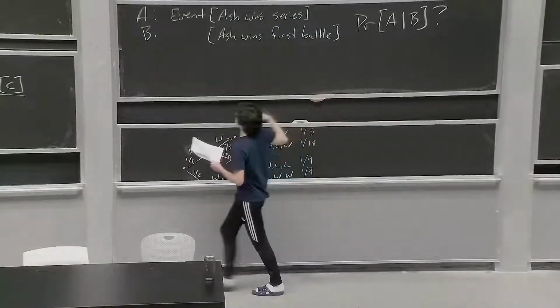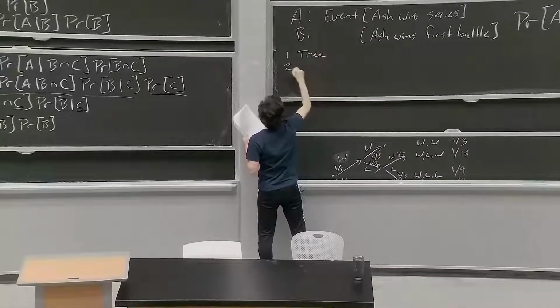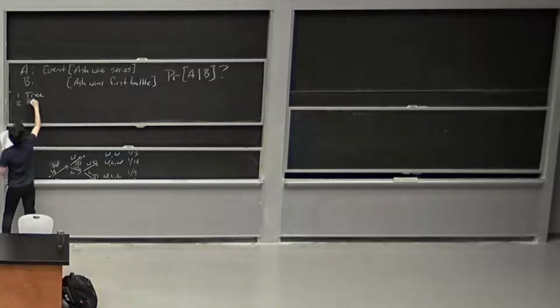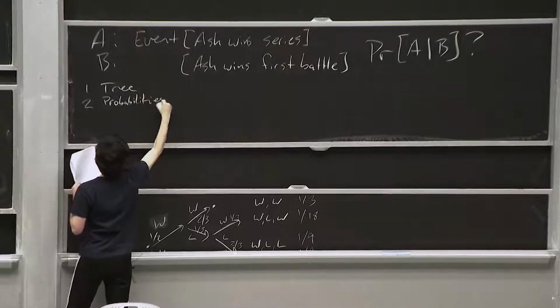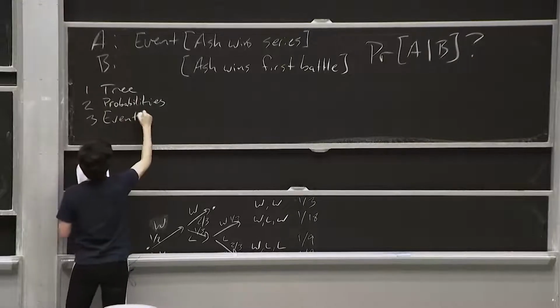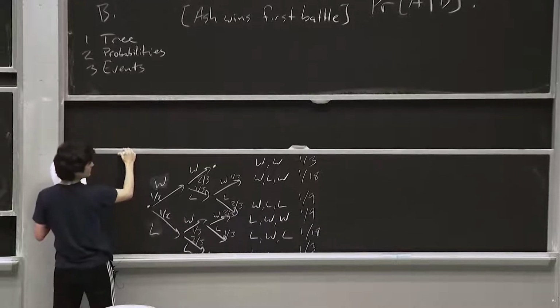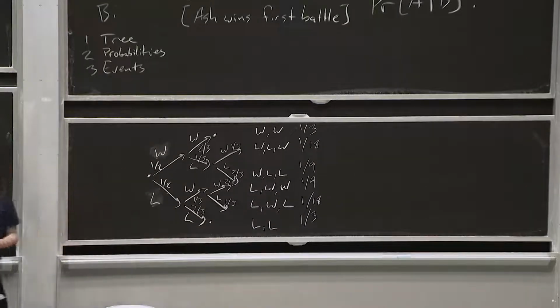So we've got step 1, the tree. Step 2, the probabilities. Step 3 was the events of interest. Okay. So what are the events we care about here?